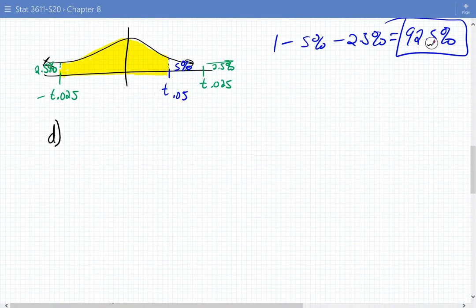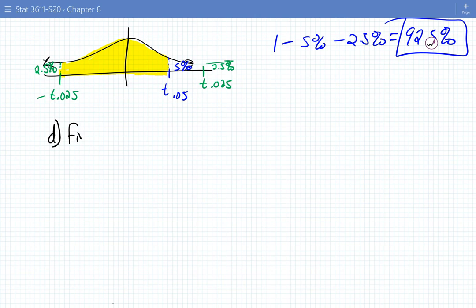Let's try one more here, part D. Just trying to get some familiarity with the t-distribution, right? This relies on pulling our skills from the normal distribution where we started using things like symmetry. We want to bring that back into our skill set here.